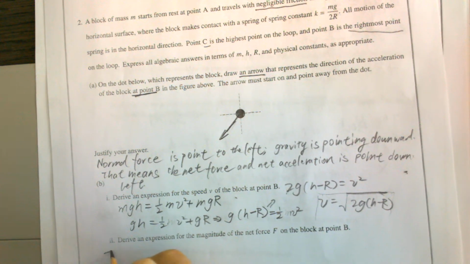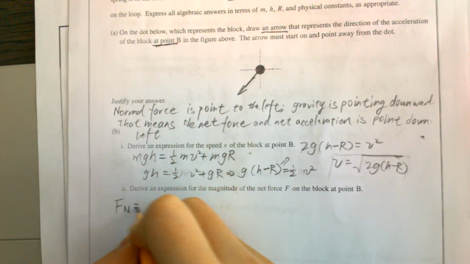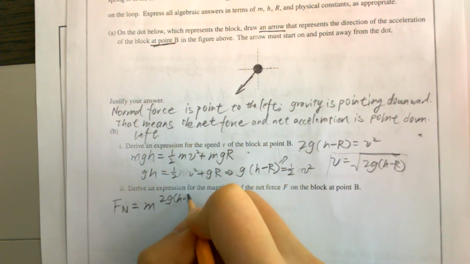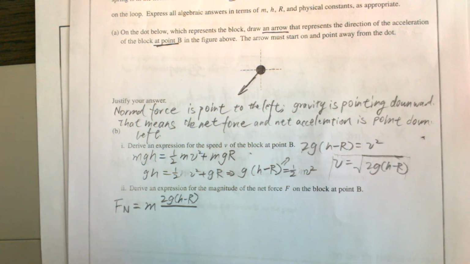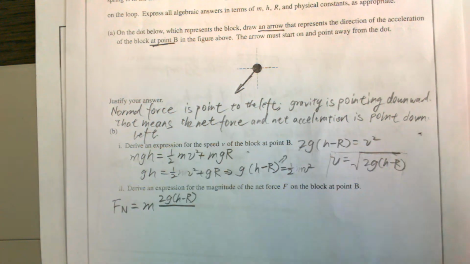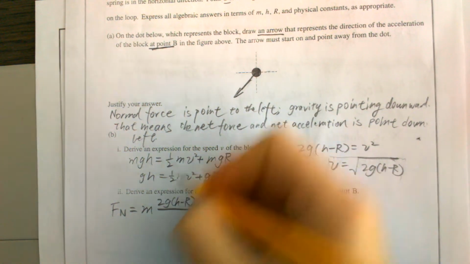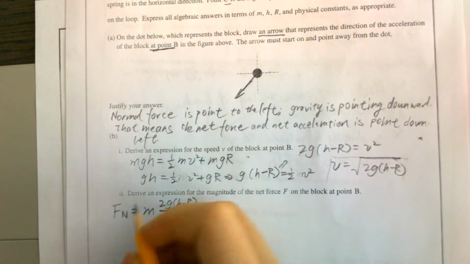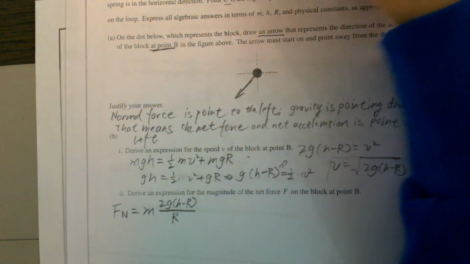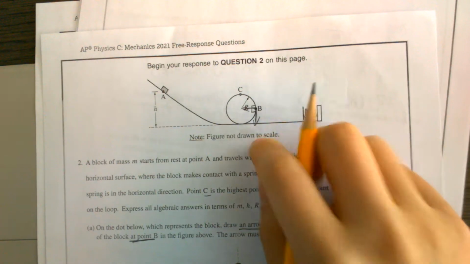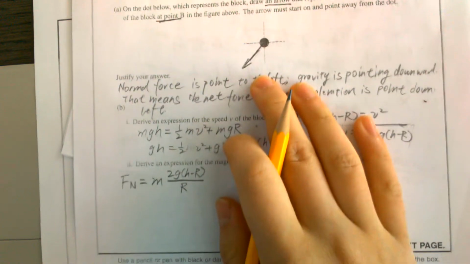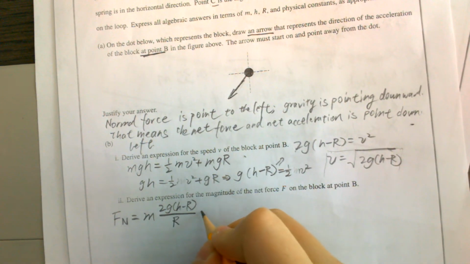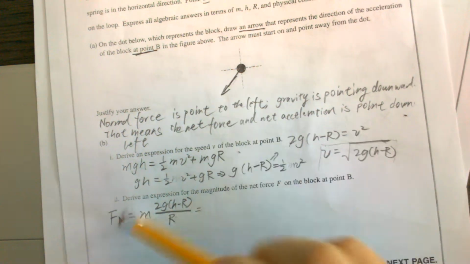So the normal force Fn is equal to mv squared, which is m times 2g(h minus r), divided by the radius r. We also know that another force is gravity pointing downward, which is just mg.